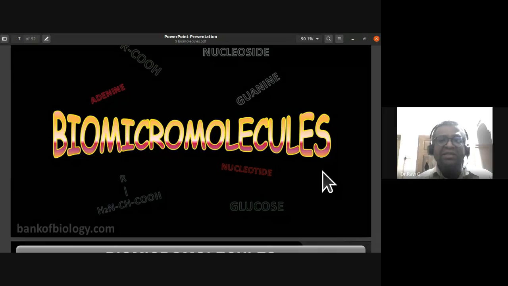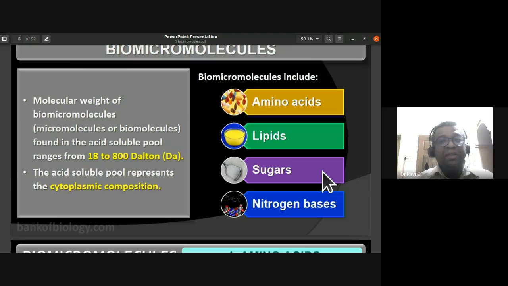Then we discussed the topic of biomicromolecules, which are found in the acid soluble pool. The biomicromolecules include amino acids. The acid soluble pool, we found, consists of the filtrate. It consists of amino acids, lipids, sugars, and nitrogen bases.